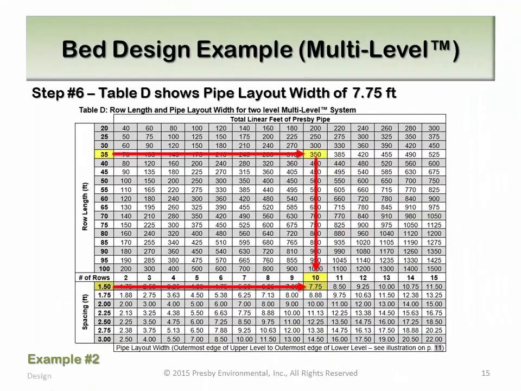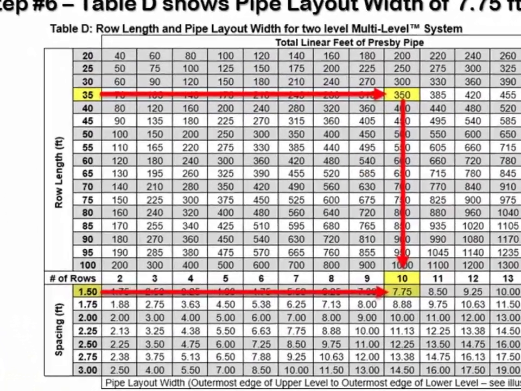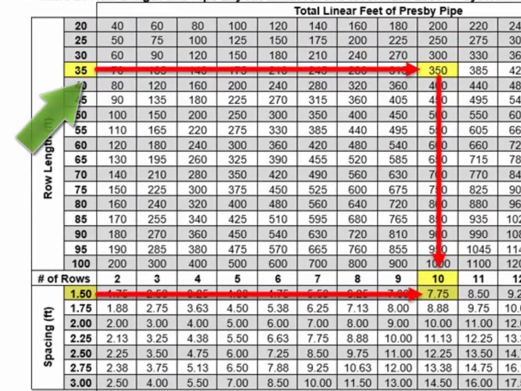For step 6, let's use Table D to help with our calculations. For a row length of 35 feet, requiring at least 334 feet of Presby pipe in total, the table shows that when using 10 rows at least 1.5 foot spacing, the pipe layout width will be 7.75 feet.